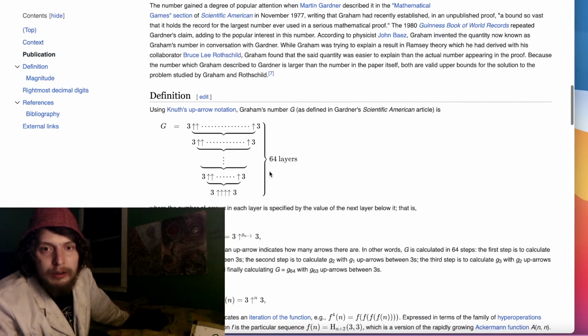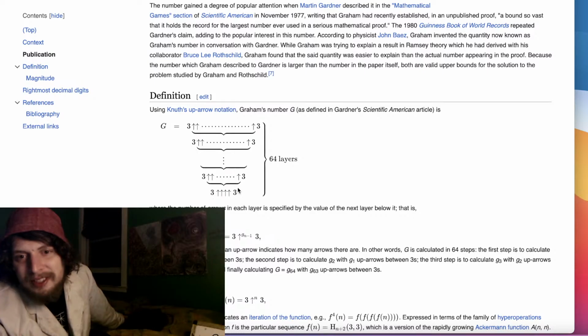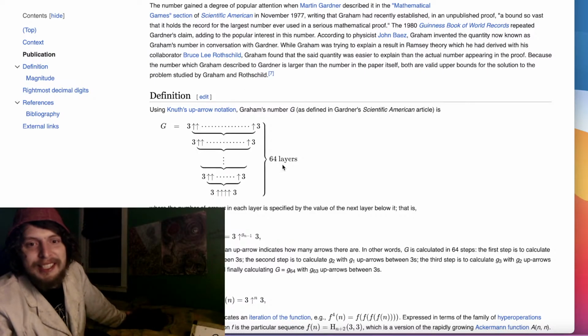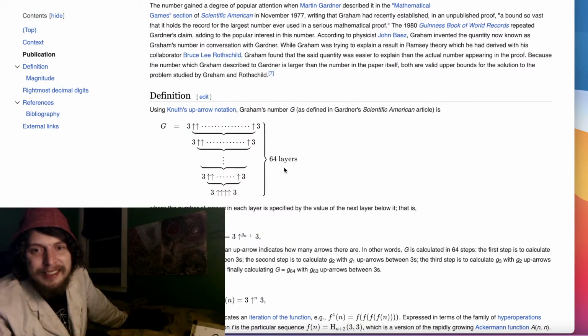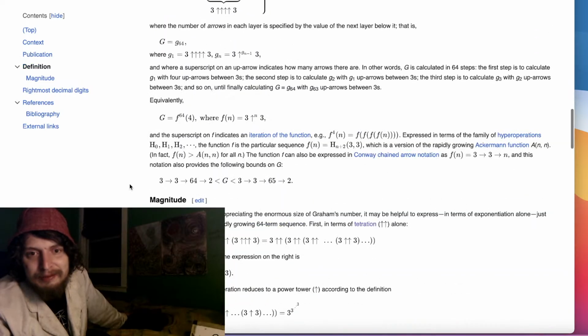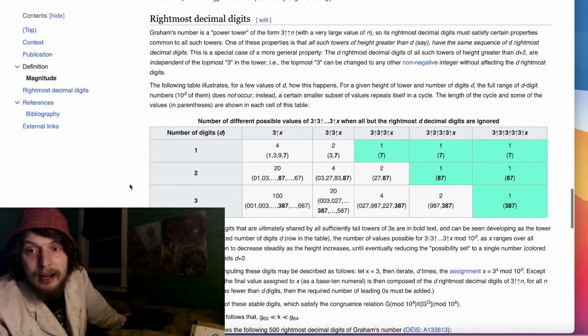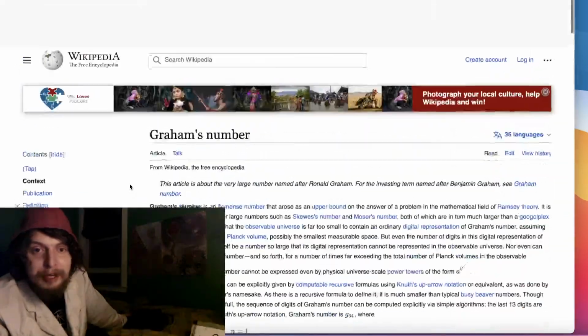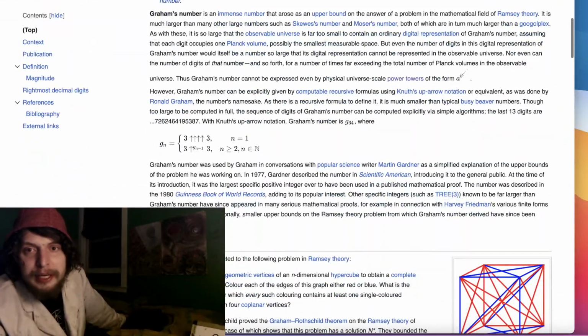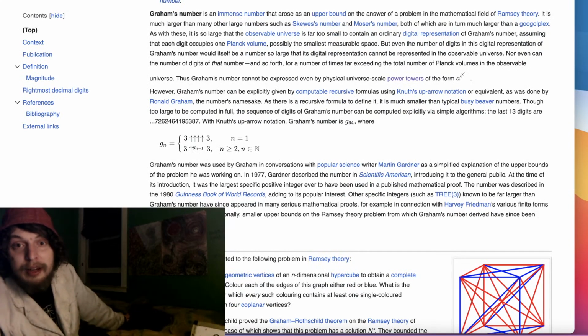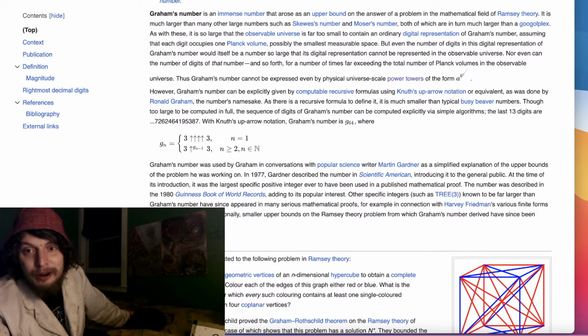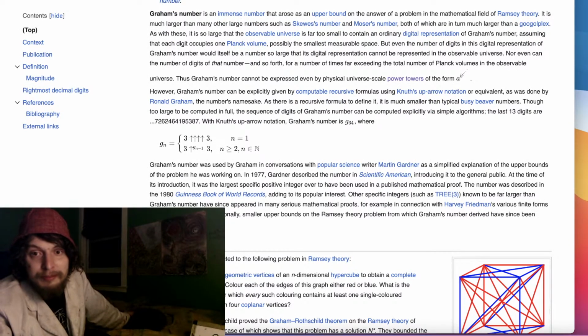But let's see what it really is. It's 64 layers of this sort of thing. And we can see it's using threes, it's using hyperoperations, it's using 64. Sort of more arbitrary than something like 6 Hexated Six. Still cool though. Still like it. When people talk about it, they're thinking about what a big number could mean. And it is a big number. So it is cool.